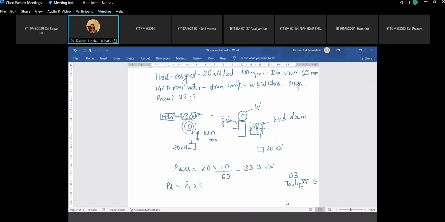What is the value of load factor? The value of load factor is given in table 11.5. This depends upon what is the input and the output shafts, and what is the application and what is the prime mover. Table 11.5 as per my design data book is on page number 112.